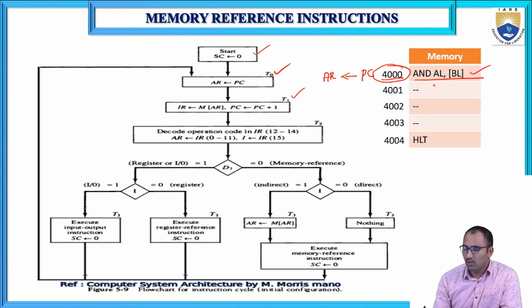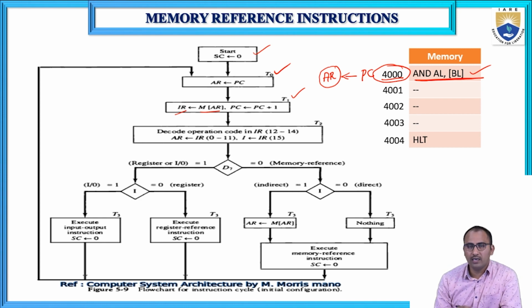How do we store the instruction in the instruction register? By specifying M of AR, which specifies the offset address. The address register has stored the address of the instruction, so using that address, the instruction will be placed in the instruction register.